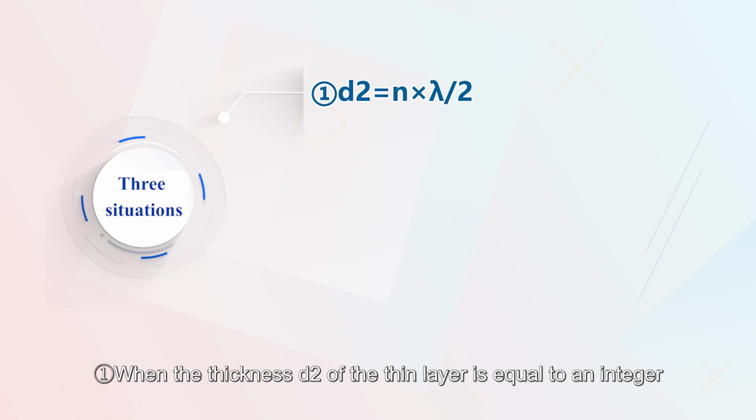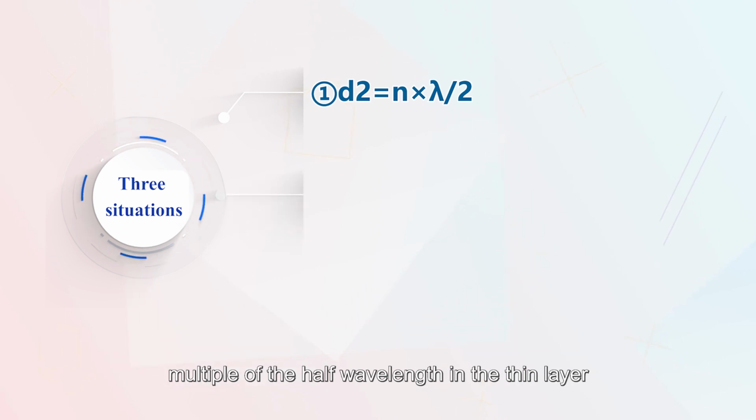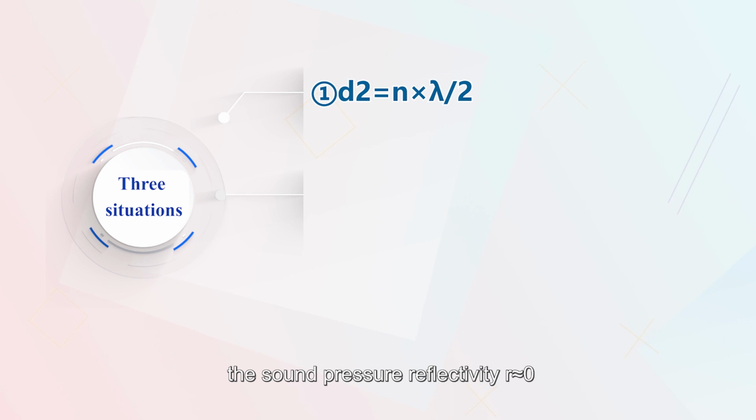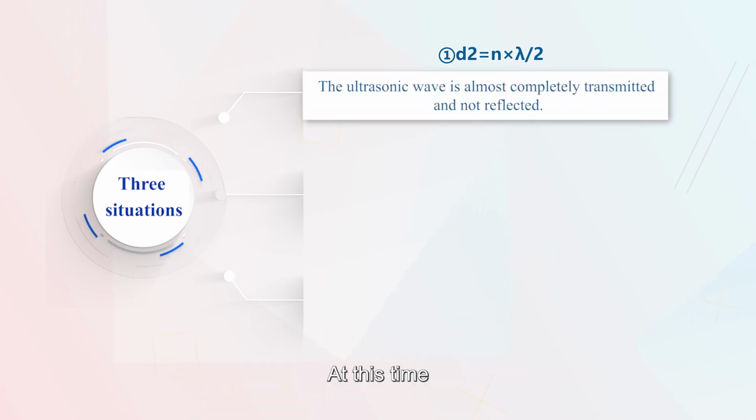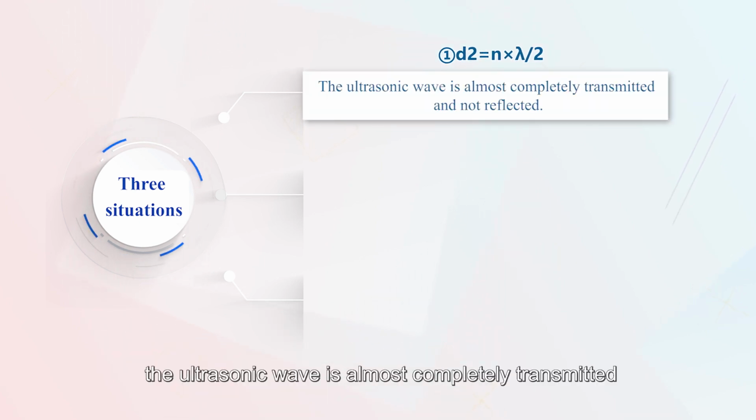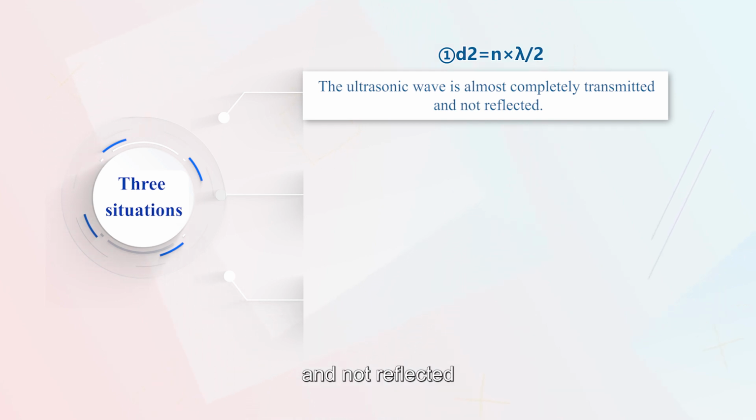When the thickness D2 of the thin layer is equal to an integer multiple of the half wavelengths in the thin layer, the sound pressure reflectivity R is approximately 0, and the sound pressure transmittance T is approximately 1. At this time, the ultrasonic wave is almost completely transmitted and not reflected.